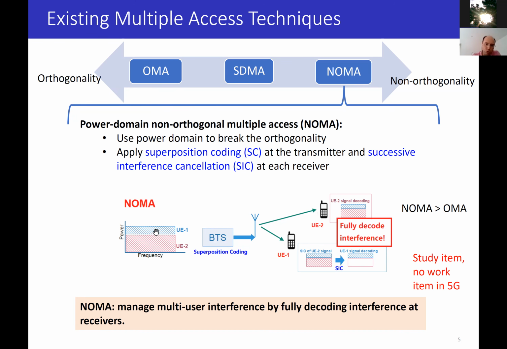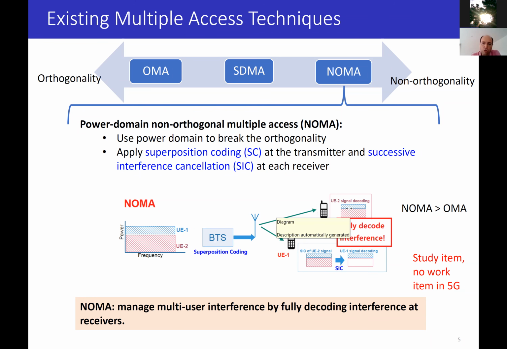We superimpose the two messages in the power domain, and we ask one of the two users, typically the strong user, the one with the stronger channel, to fully decode the message of the other user. In this case, user 1 would be the strong user, and user 1 will decode the message of user 2, then cancel the contribution of that message from its received signal, and then decode its own message.